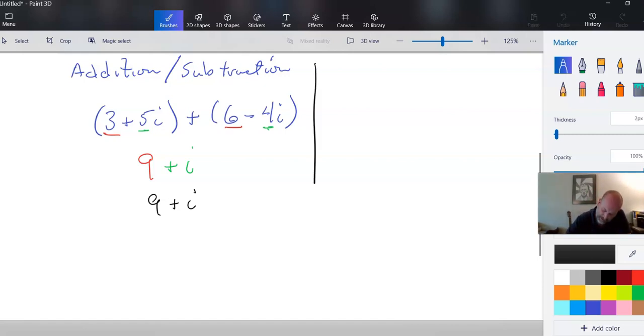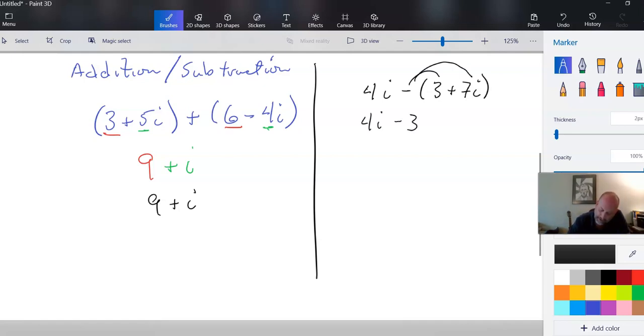And similarly, probably the one thing you need to watch out for when subtracting these things, right? If I have something like 4i minus 3 plus 7i, you want to remember when this is subtraction that this distributes all the way across. So this is now 4i minus 3 minus 7i.